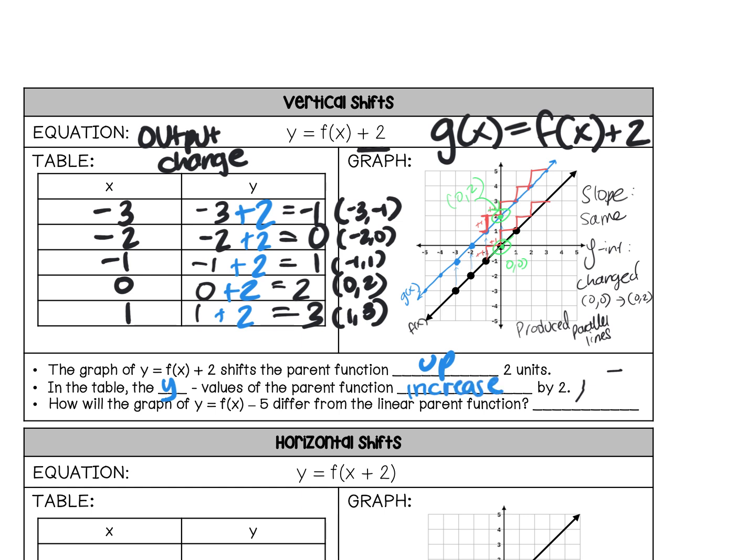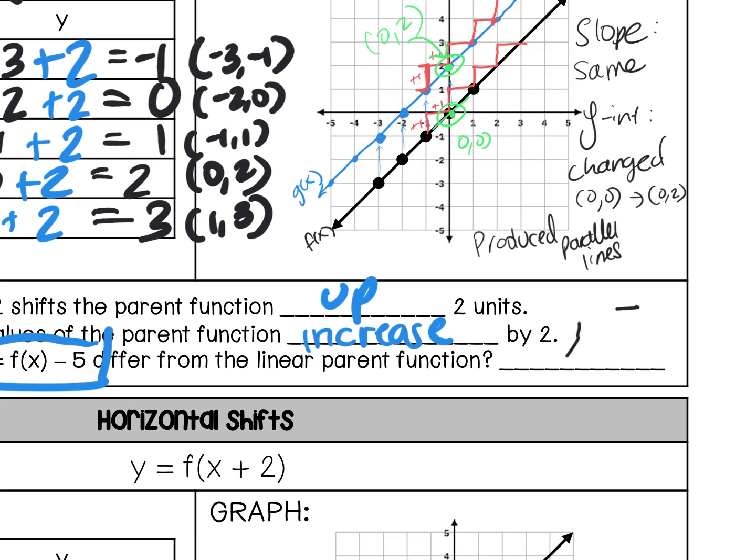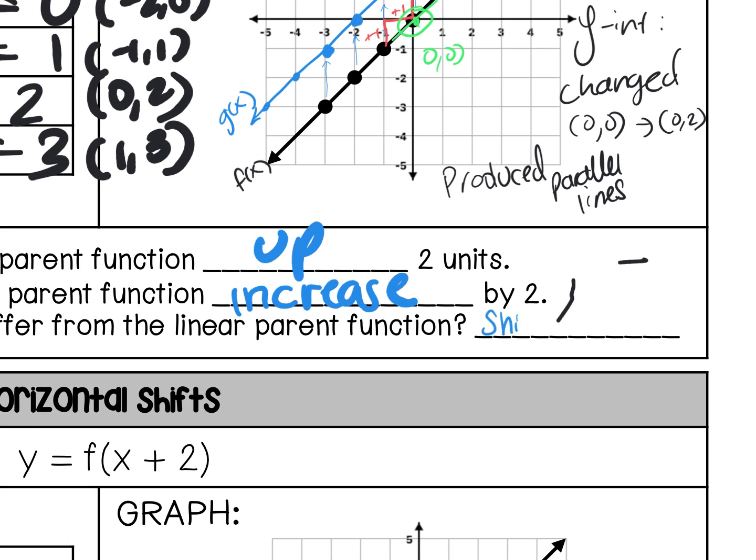How will the graph of y equals f of x minus 5 differ from the linear parent function? So if this pattern continues, who can tell me what this will produce? What will subtracting 5 do to the function? Make it go down. Down by how many? 5. Very good. Shift down 5 units.